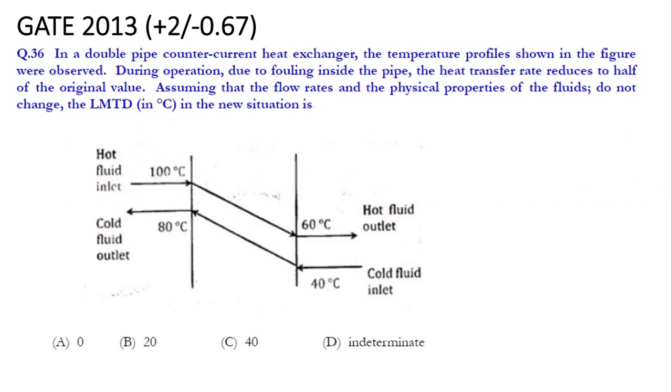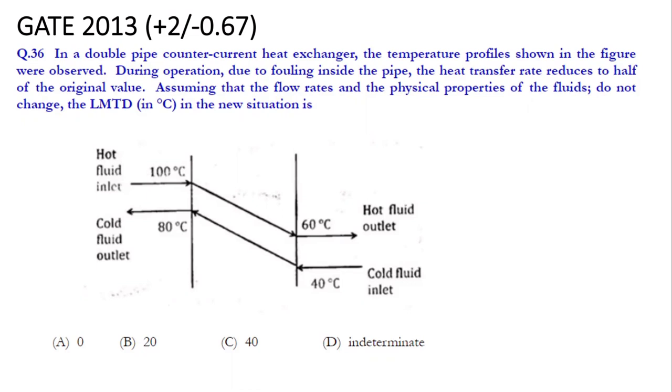In a double pipe counter current heat exchanger, the temperature profile is as shown below. During the operation, fouling inside the pipe reduces the original U value by half. Assuming that the flow rates and physical properties of fluids do not change, what will be the new LMTD?